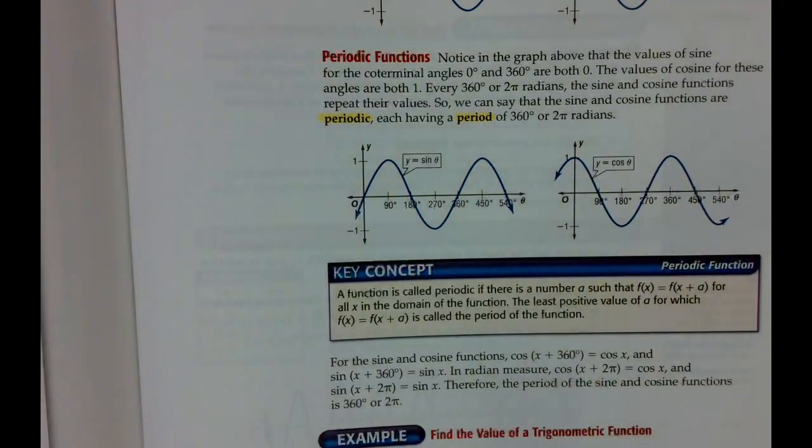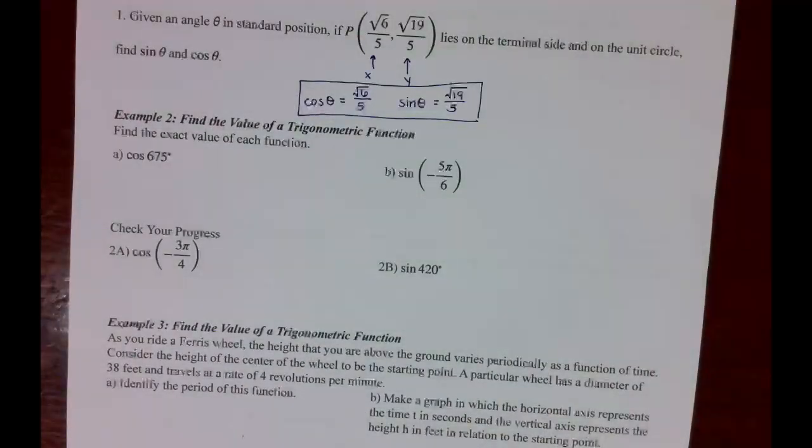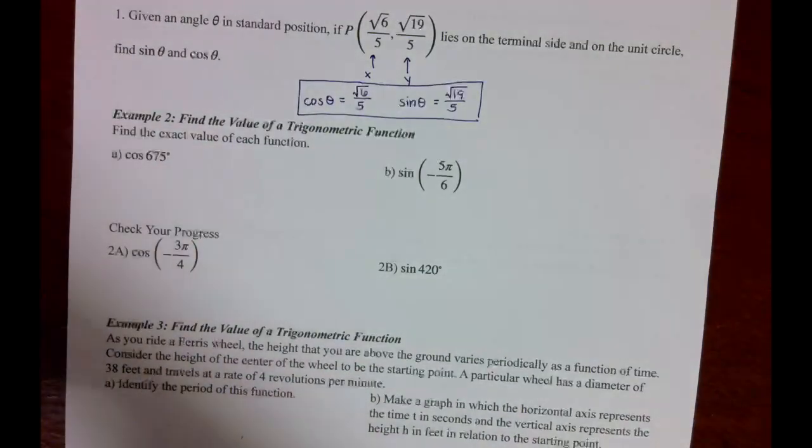And because it's periodic at 360 degrees, even if something is beyond that, we can still use our unit circle to figure out what that is. Okay, so we're going to do cosine of 675 degrees.